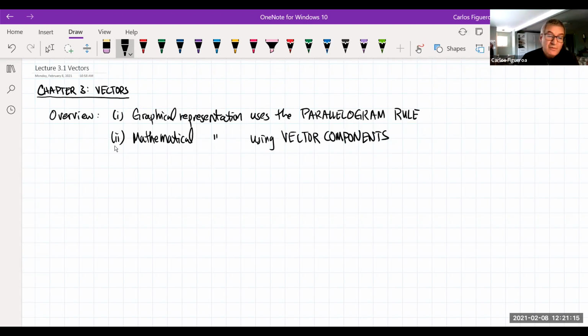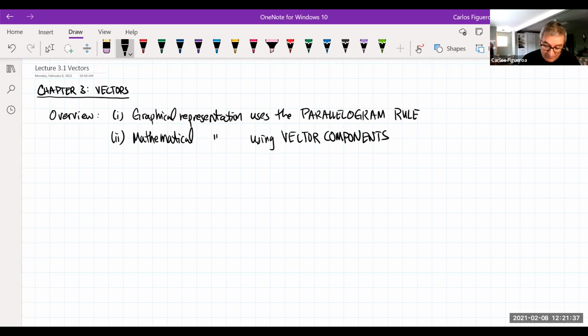That's what you really want to walk out of here with. It's the most important piece. The graphical representation is important because it gives you a physical picture of what we're actually looking at, especially when we start to look at forces.